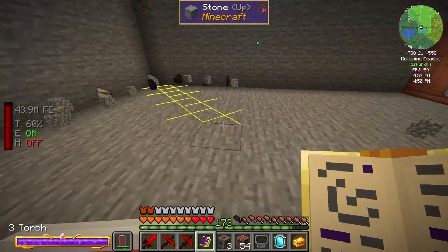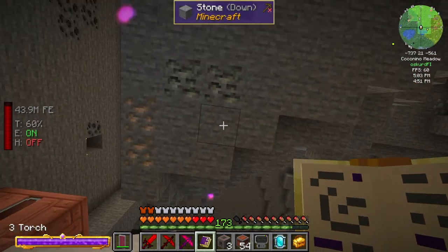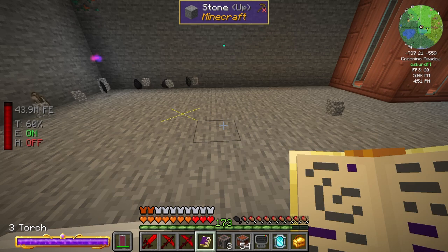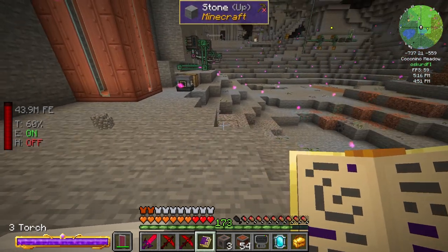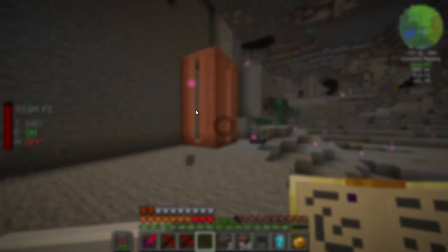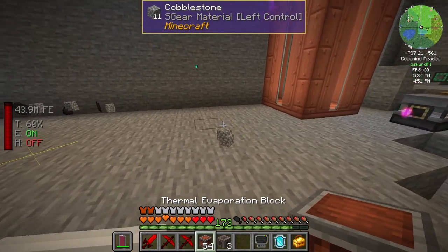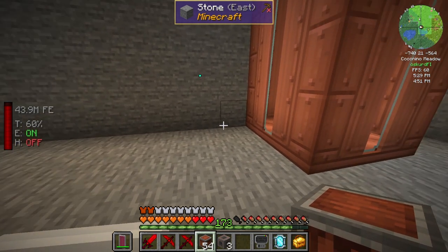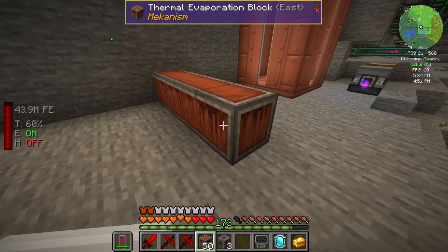Actually, that's not even the light thing. This is light indicator. That's fine. I have no idea why, if I turn it off, it still leaves these yellow things. Okay, and then these blocks. And this was 4x4, so let's leave it like 3 blocks between.